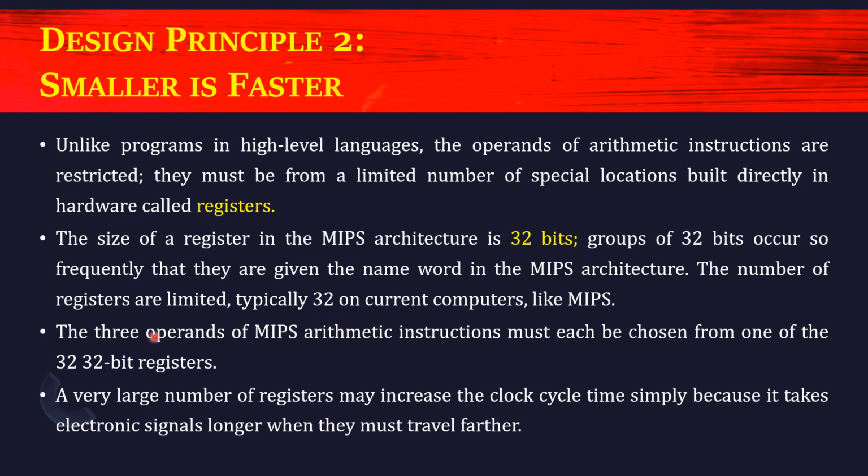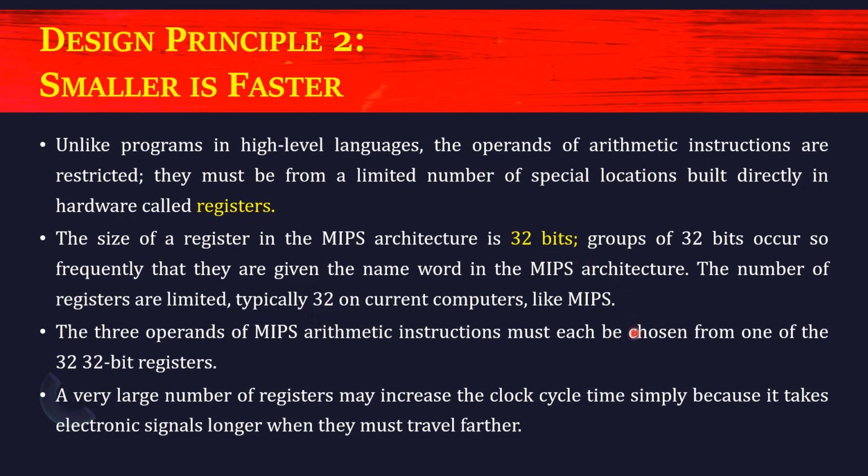The three operands of MIPS arithmetic instructions must each be chosen from one among the 32-bit registers. So we have 32 different registers, and we have to store the source operands and the destination operand in one of these 32 registers. These 32 registers are of 32 bits.